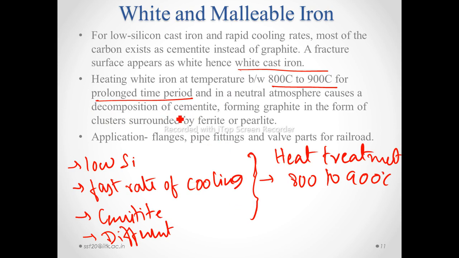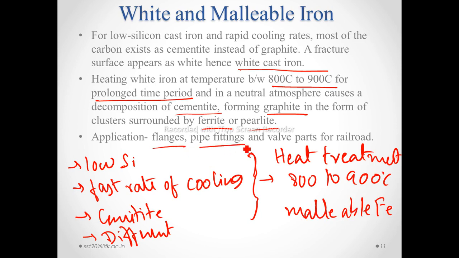The cementite decomposes to form graphite, resulting in clusters of graphite present in the ferritic or pearlitic regions. They are called malleable iron. The applications are flanges, pipe fittings, and wall parts of railroads.